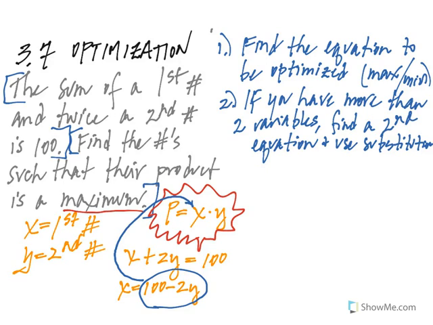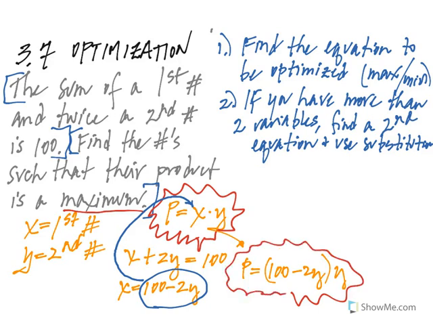Now, when I do that, that's going to give me this equation right here. The product is equal to, x comes out, I put in 100 minus 2y, and I multiply it by the y that's there. I'm just using substitution. Again, I still want to find the maximum of this equation right here, but now I can do that because I was doing it back in the earlier part of chapter 3.